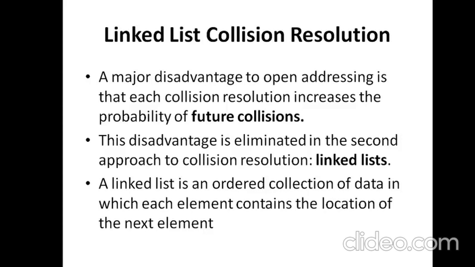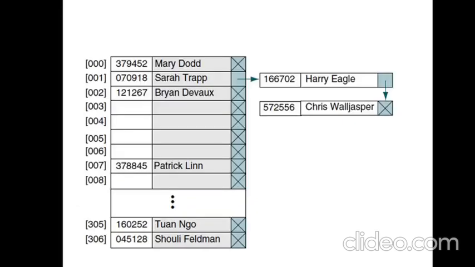So collision resolution causing further collisions is there with every scheme, and we can't avoid them. Linked list is meant for that situation. When we want to totally get rid of the collisions due to collision resolution, the linked list is a better alternative.